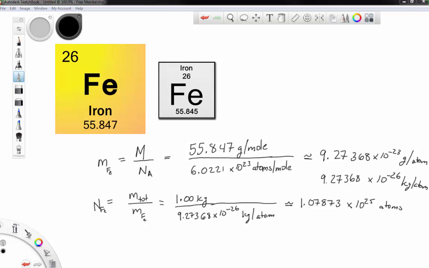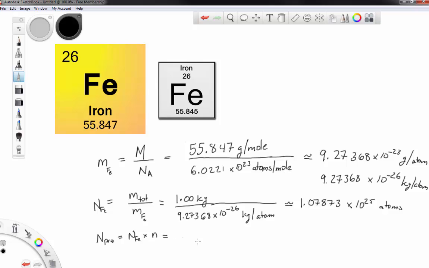Every atom of iron has the same number of protons, 26, and that's true regardless of which isotope of iron it is. So if we want to find how many protons there are, the number of protons is basically the number of atoms times the number of protons per atom.